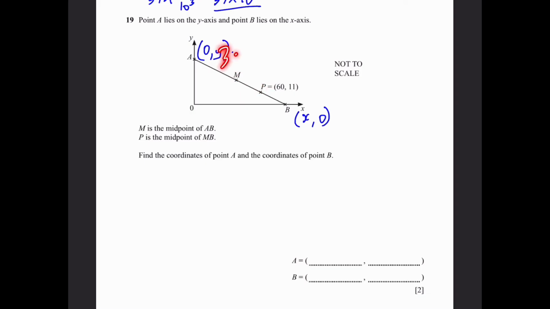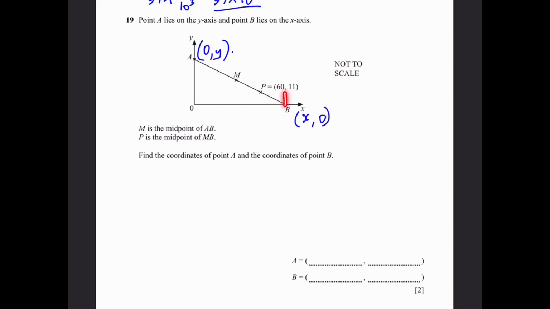So the whole thing will be 3/4 of AB. And that will be AP. And PB, so that means when we're going from A to P, the y-coordinate decreases all the way from y to 11, and PB is equal to 1/4 of AB.